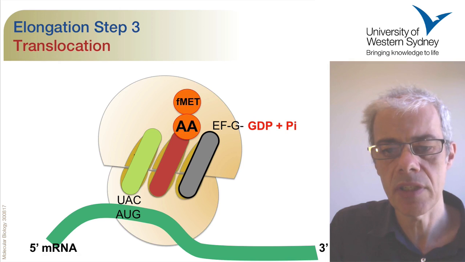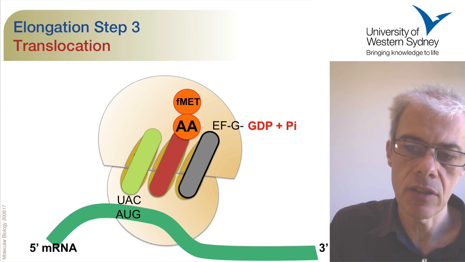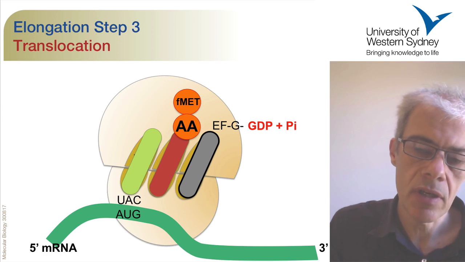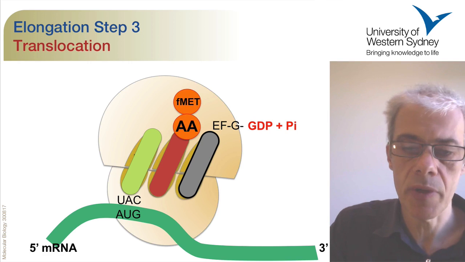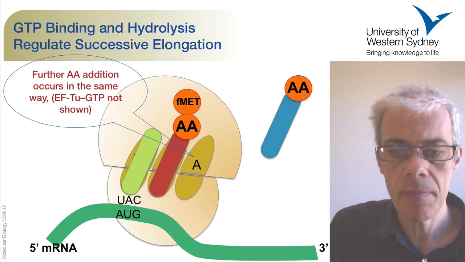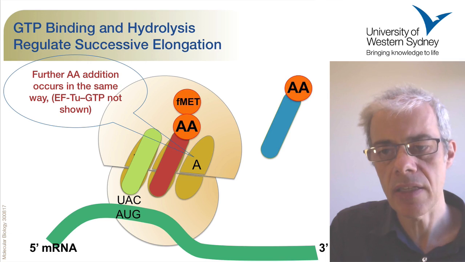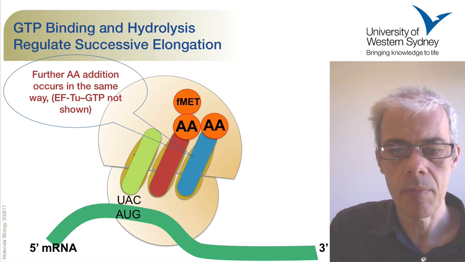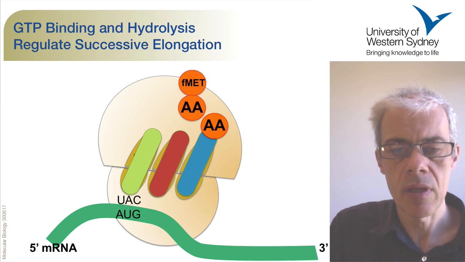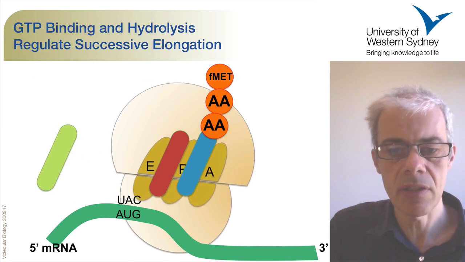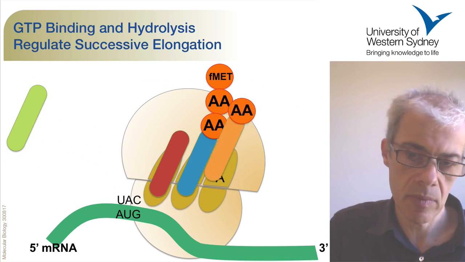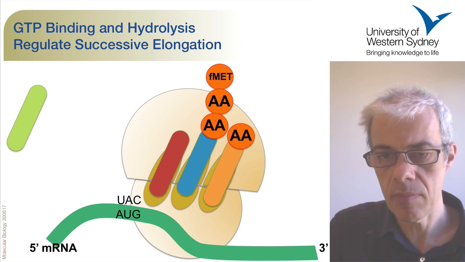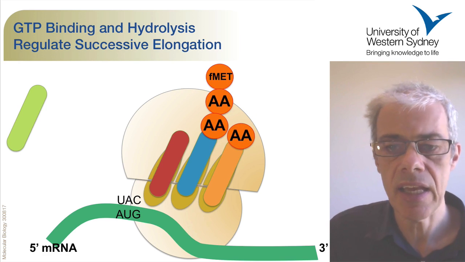So there's the hydrolysis of the GTP, which drives a conformational change in the ribosome so it can move along the messenger RNA. And then you have the next amino acid residue coming in, base pairing, and the peptide bond formation, exit, entry, and the process repeats again and again.